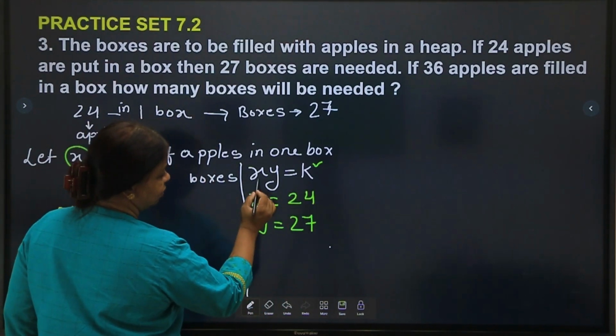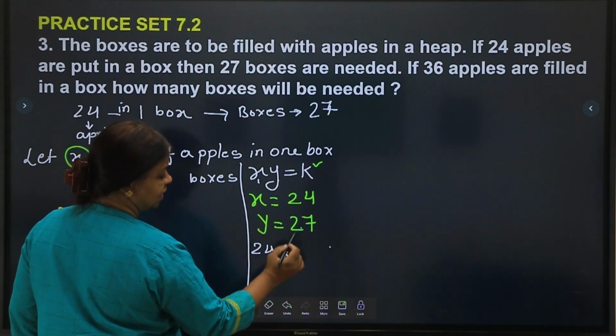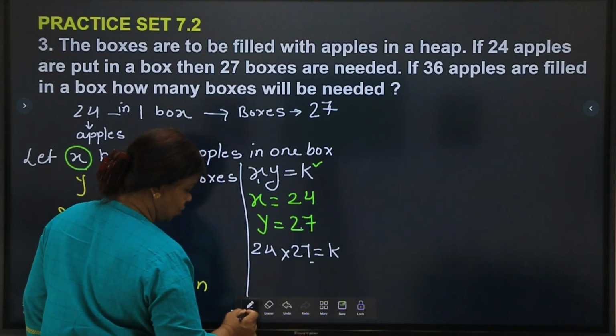X value is 24, so 24 into y value 27 is equal to k. Now we will multiply these two quantities.